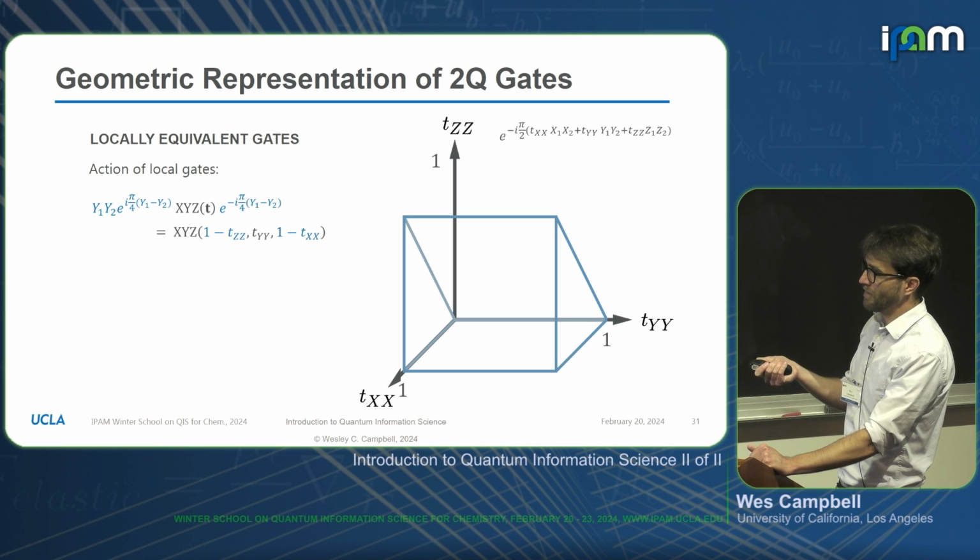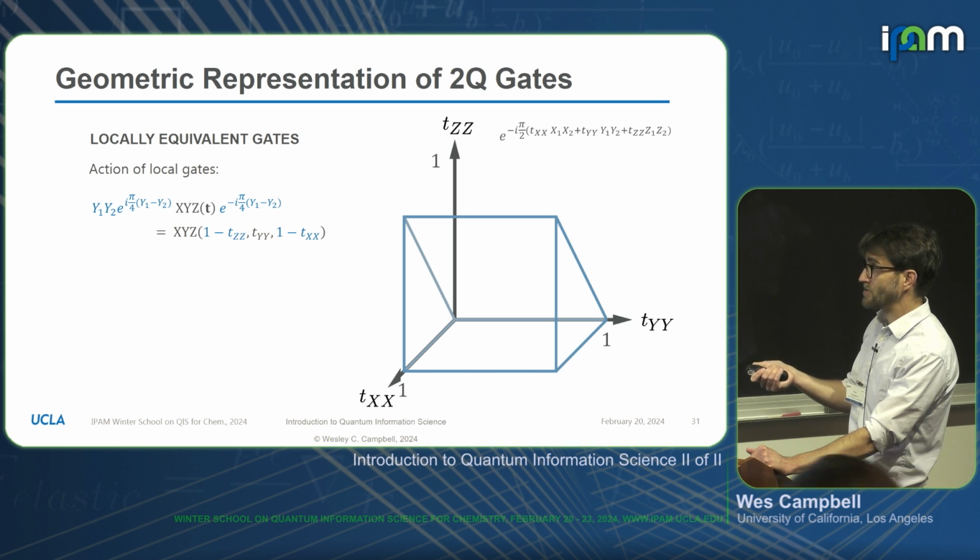Here's another one. All right, here what we have is y1, y2 times a similar sort of rotation, except we reverse the directions of the y2 rotations. That not only flips tx and tz, but puts a minus sign on them and adds 1. Okay? So the x-coordinate in the original non-local gate here, under the action of these local operations, becomes 1 minus the z-coordinate.